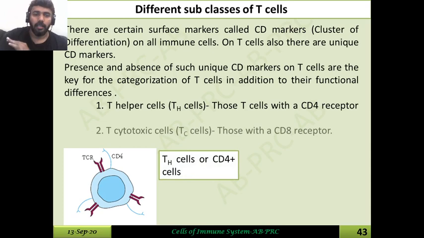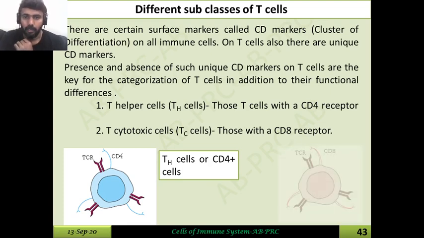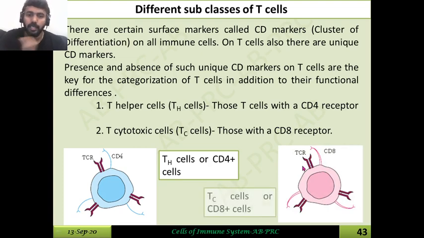The second category, second subclass, is the T cytotoxic cell or TC cell, and they have a CD8 receptor. Right. So this is the CD8 receptor representation along with the T cell receptor. So this is a CD8 plus cell. This is the basic classification and brief discussion: T cells can be divided into two categories.